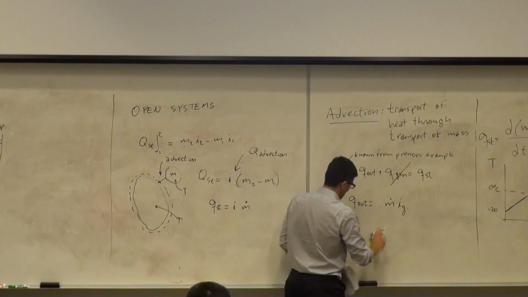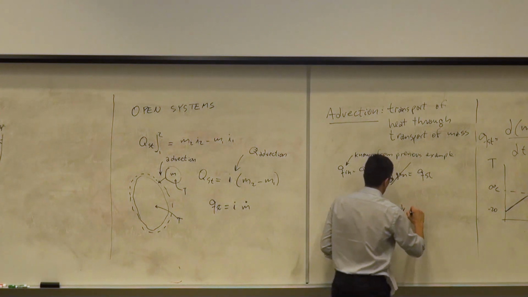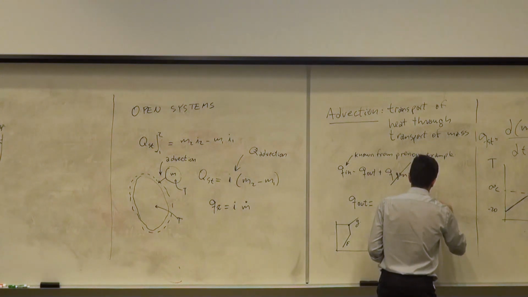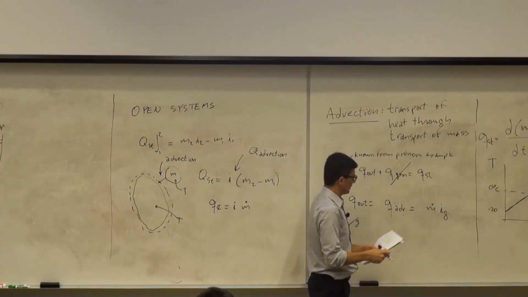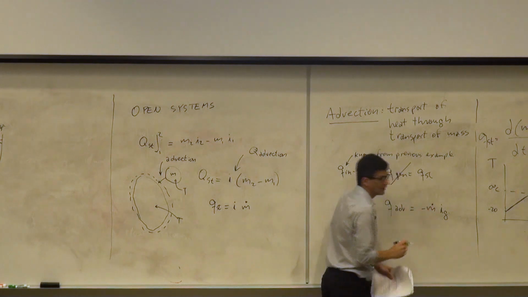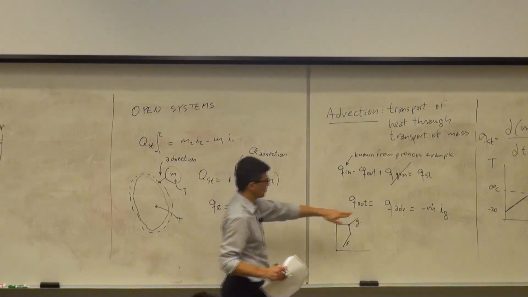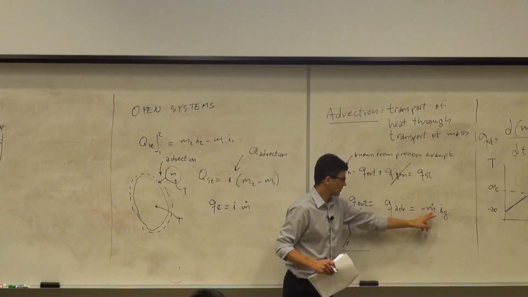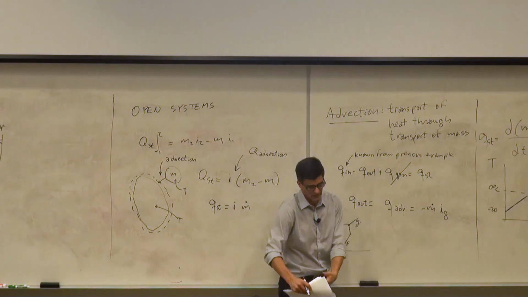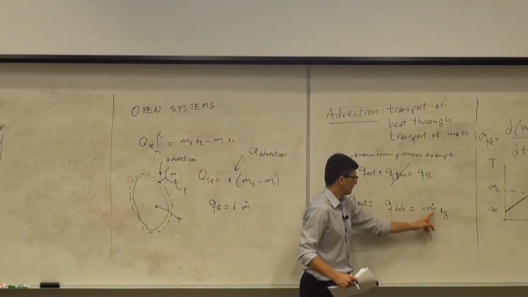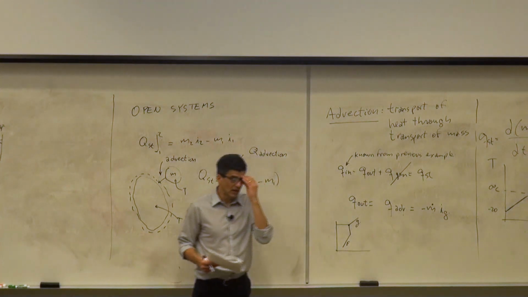This Q out, let's say, is Q advection, right? And because the mass is decreasing, but Q out is positive by our definition, I'm going to put this M dot because it is the mass rate, right? The total amount of mass in the pot is getting smaller, right? And this is the enthalpy of the gas. This is the Q out.